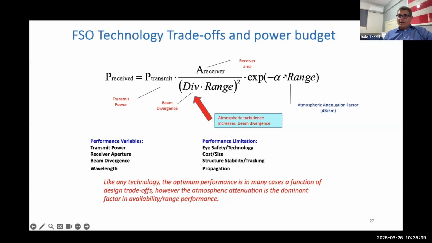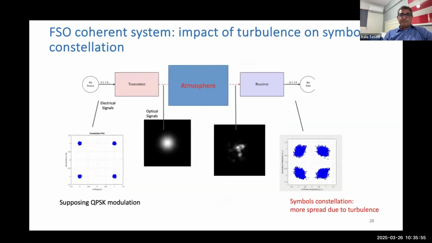The exponential one is the one that you can usually calculate with MODTRAN or other kinds of software, and is due to scattering and absorption. And here in the divergence, you have the dimension of your beam due to the diffraction limit spread, but also turbulence. Okay, so how does turbulence now impact, for example, a coherent system? As you know, a coherent system is a system where I transmit a constellation of bits, and because of the atmosphere, you have scintillation.